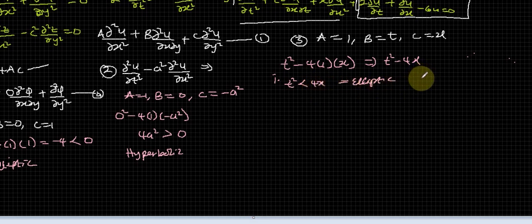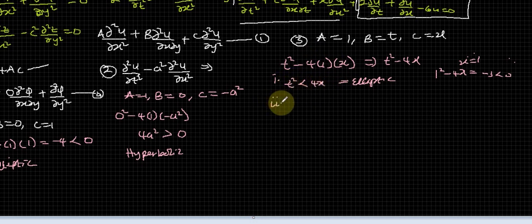Let's take for instance that t is equal to 1. Then that means 1² minus 4x, and if x is equal to 1, say, this is going to give you −3, which is less than 0. So for this equation to be elliptic, t² must be less than 4x.